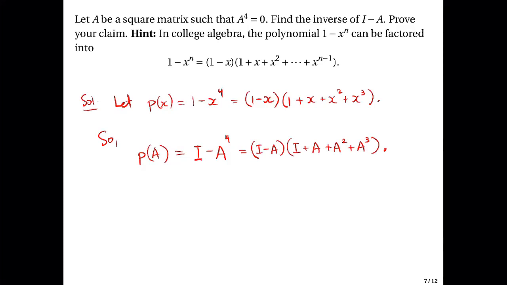But A to the 4 is equal to 0. Okay? Since A to the 4 is equal to 0, we'll just have I minus A times I plus A plus A squared plus A cubed. This is just equal to I. Correct? Because A to the 4 here is just 0.